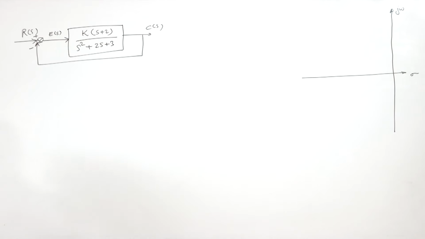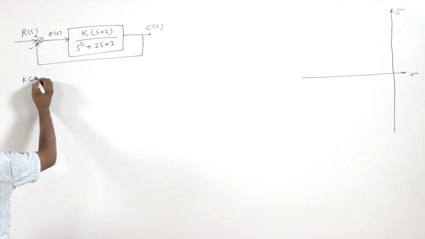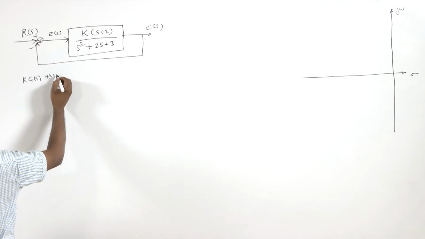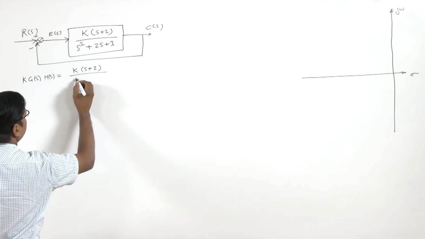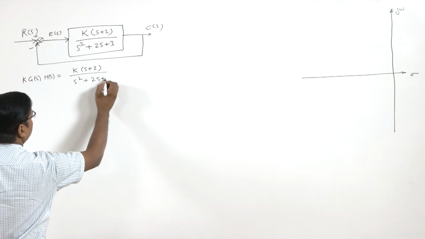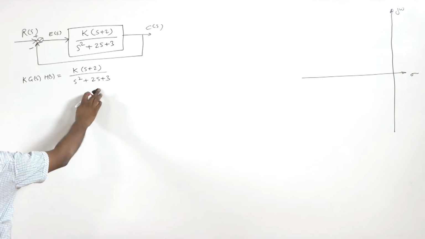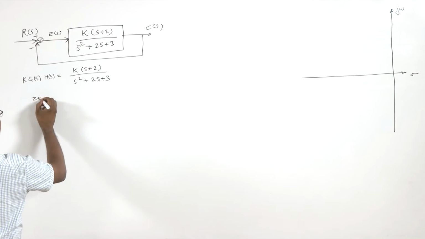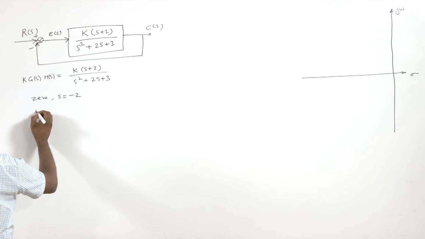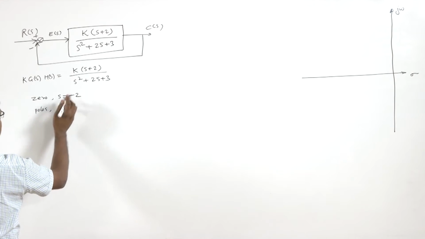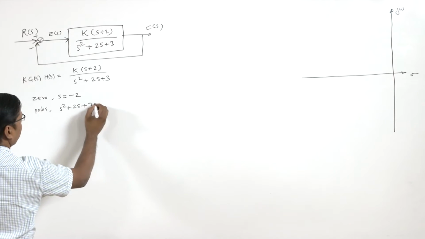So the first thing is we have to locate. Here K GsHs equal to K (s plus 2) over (s square plus 2s plus 3). So here we have one zero, that is at s equal to minus 2, and 2 poles, with s square plus 2s plus 3 equal to 0.